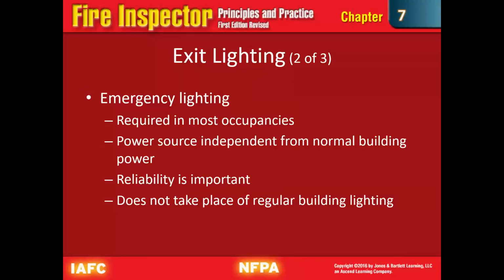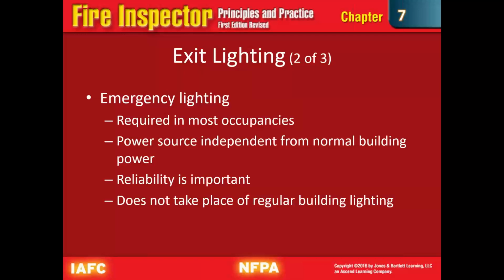Emergency lighting is required in most occupancies. If you notice in the hallway of a commercial property, you'll see the boxes with the lights on the side, and they are made to be used if the power goes out.